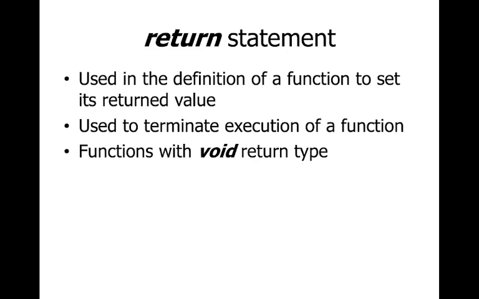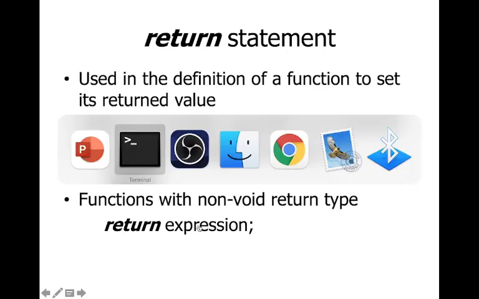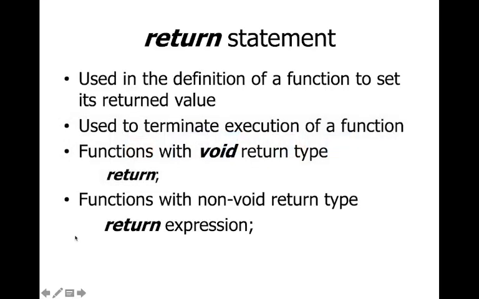If it is a non-void return type, then there will be a return expression. That is what we are writing here: return 0. 0 is the expression because we have a return for this data type. That is, we have to return some integer value. So we are returning an integer value, that is 0.